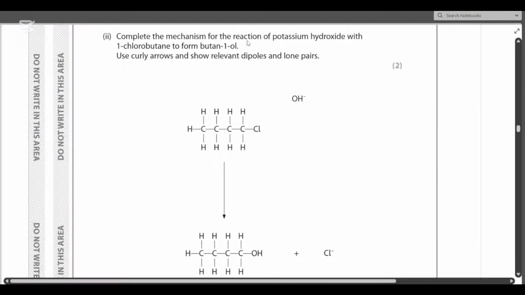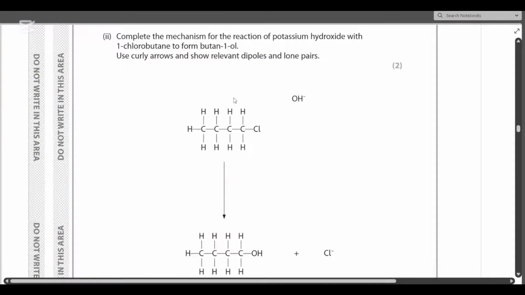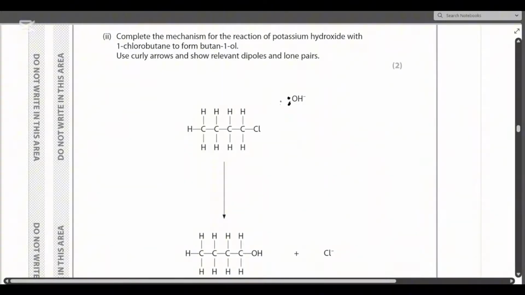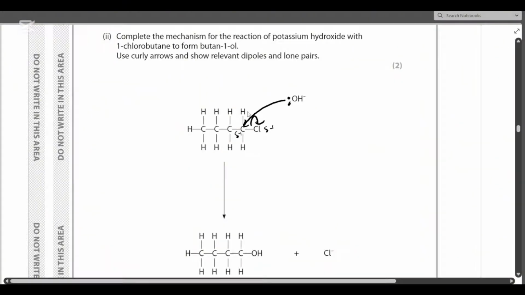Moving on, they said complete the mechanism for the reaction of potassium hydroxide with 1-chlorobutane to form butan-1-ol. So here we go. You have the halogenoalkane right here. If you want to complete the mechanism, what happens is pretty simple. At first, this nucleophile down here, obviously you should not forget to provide the lone pair of electrons, attacks the C-Cl bond right here, and this will cause partial positive and partial negative charges to be produced here, which will eventually cause the chlorine atom to take in the bonded pair of electrons in the C-Cl bond.